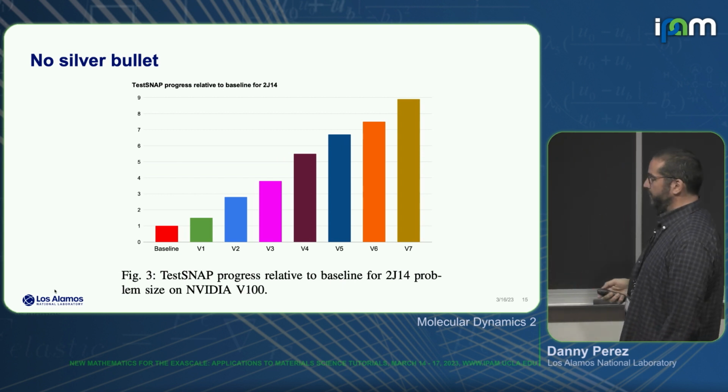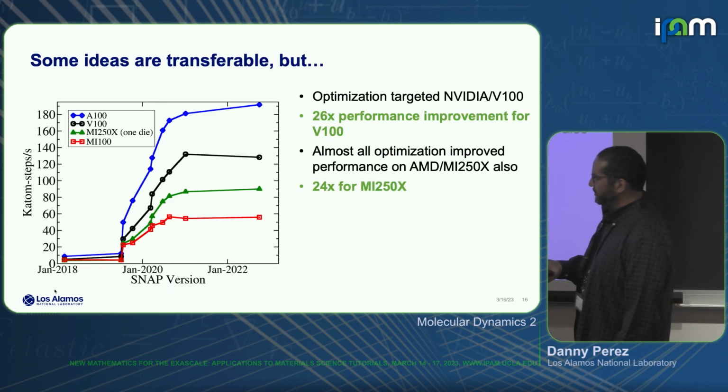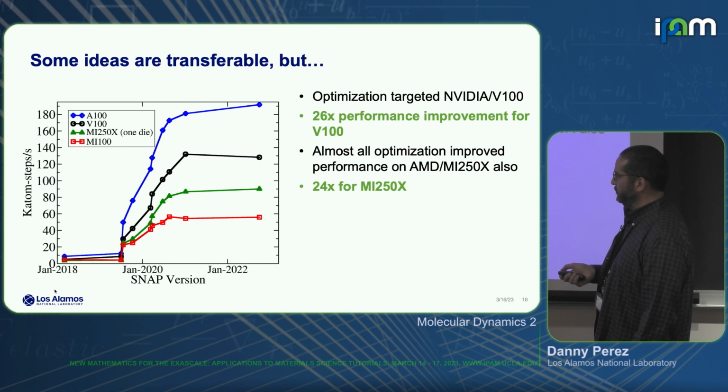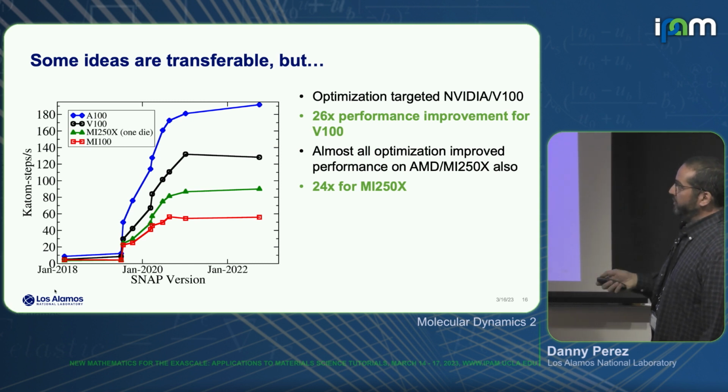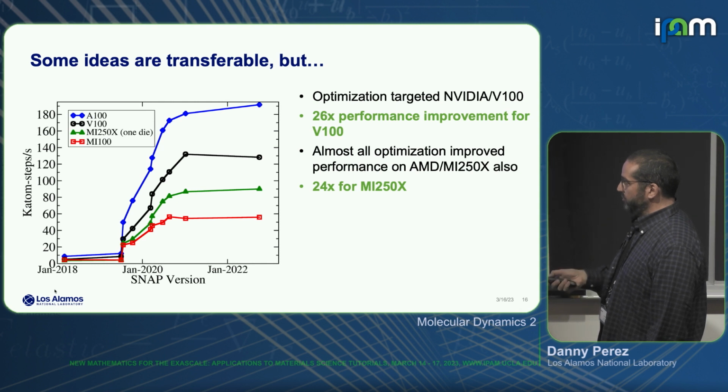go faster and faster. So at the end of the day, we have a plot like this from the beginning of the project to fairly recently, where you see the performance of the code as a function of time. So this is fixed hardware, and the different lines are different GPUs, and the line shows you the simulation throughput of the code as a function of time.